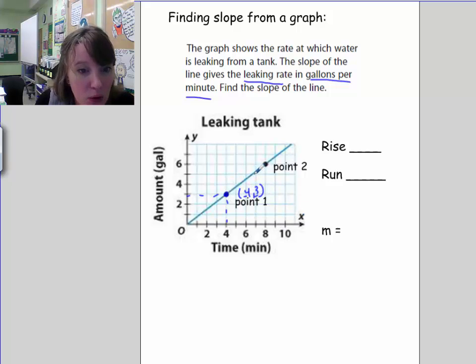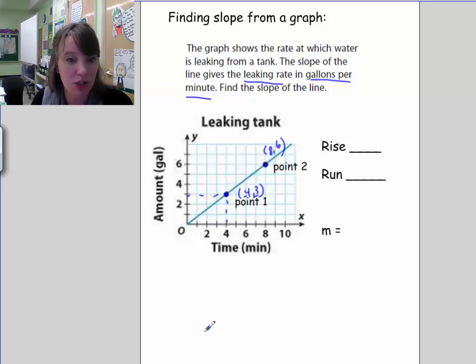If you picked a point like this one on the line, or this point there, it's going to be a little bit harder. That's like 6 point something, and this is like 4 point something else. It's harder to determine exactly what the coordinates are for a point that doesn't fall along the intersection of two grid lines. So these are good points to pick because they fall along the intersection.